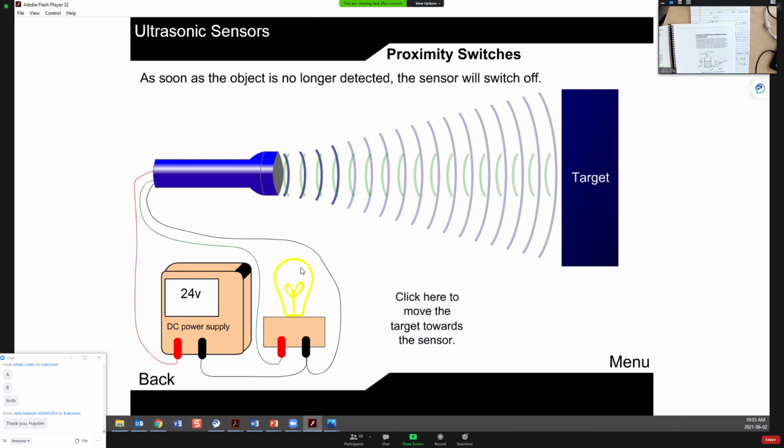So the switch type uses these lights turning on and off to detect whether the target is close to the source or not.